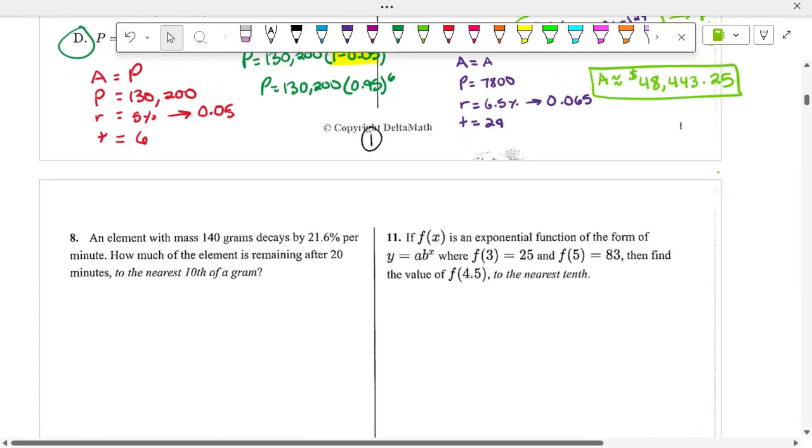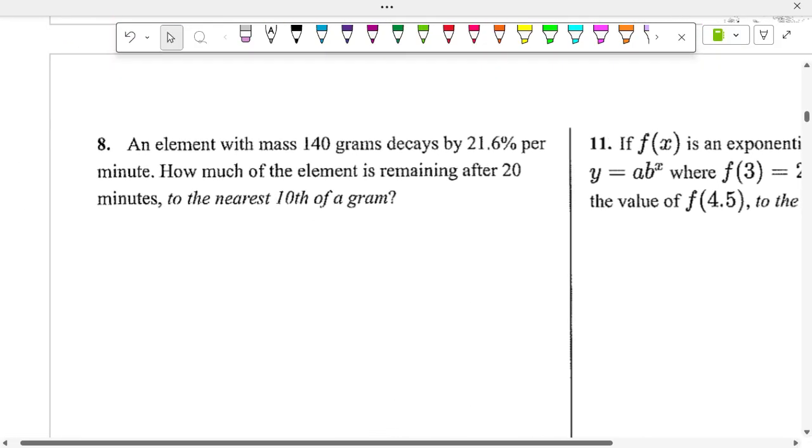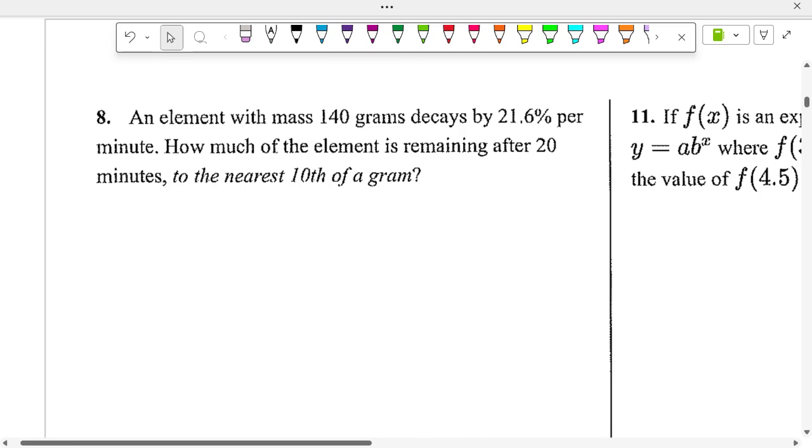All right. So try number 8 on your own. Number 8 is very, very similar to what we just did. Put it in the formula, then just throw that in your calculator.